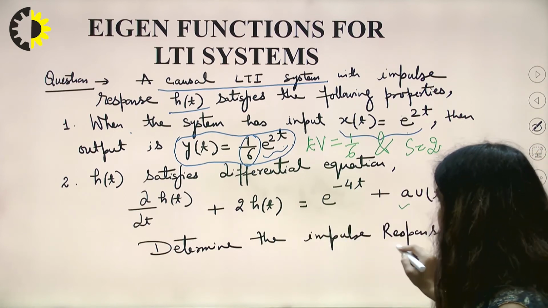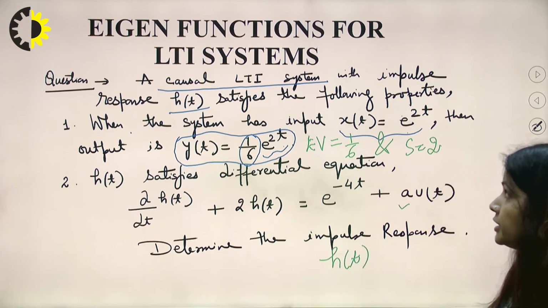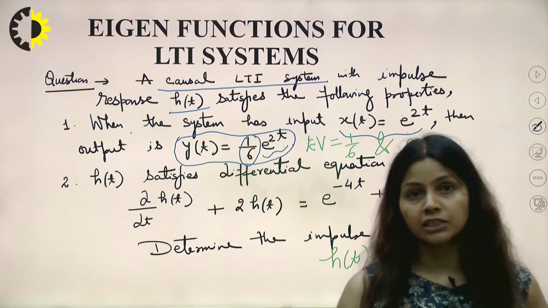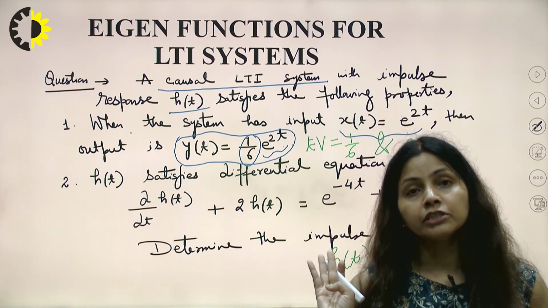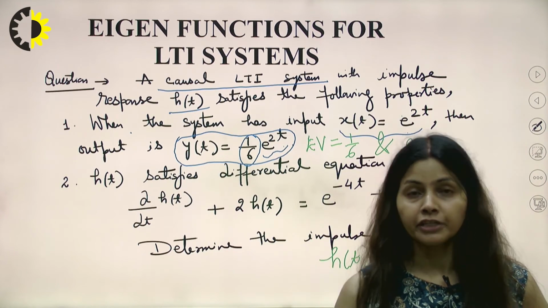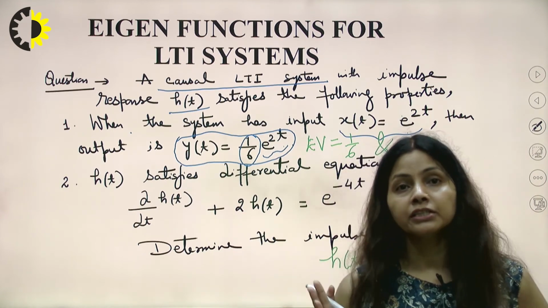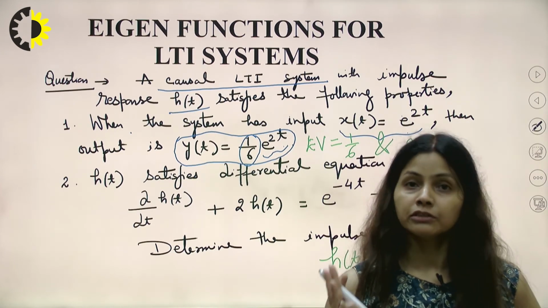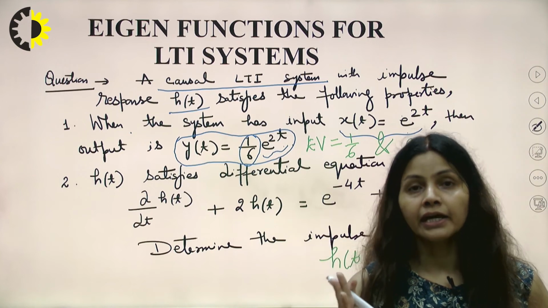Now the question wants to calculate the impulse response h(t) for the given system which satisfies the properties of eigenvalue and eigenfunction and which is also satisfying this particular differential equation. So these are two important statements given in the question, and by using these two we can find out the impulse response for the given LTI system.